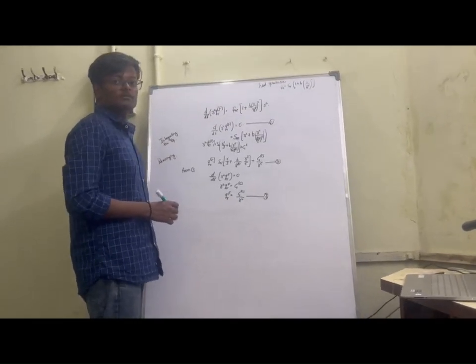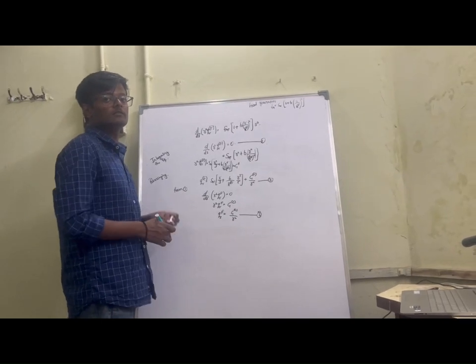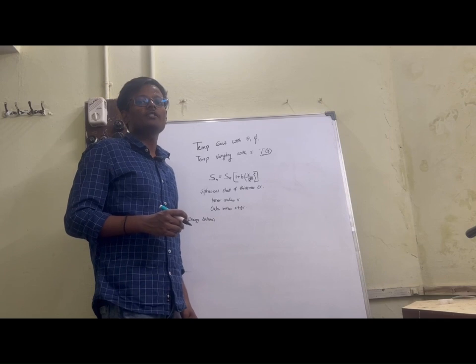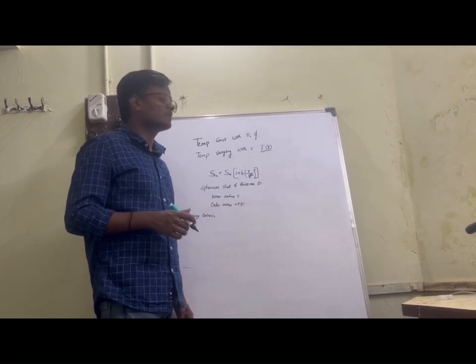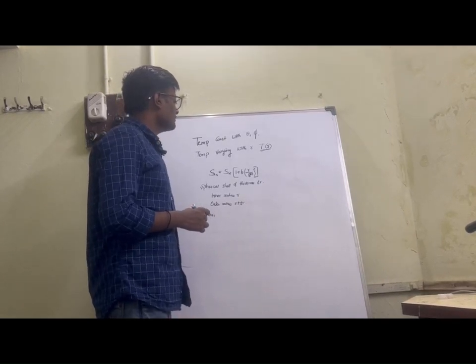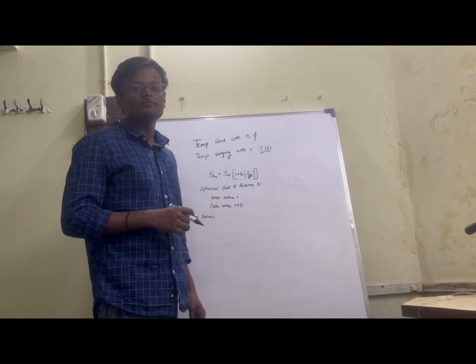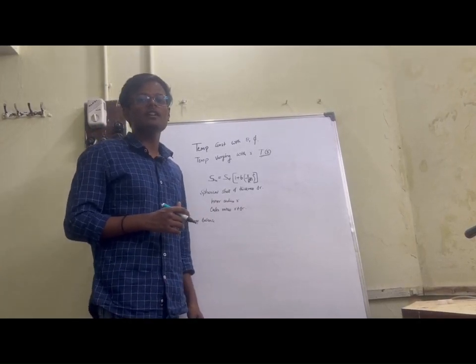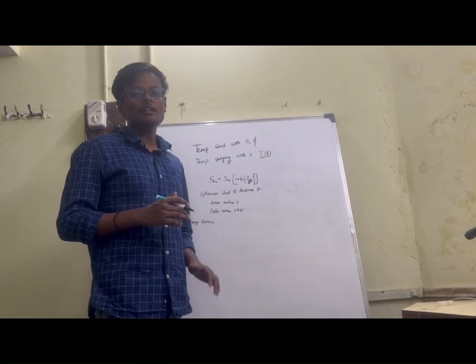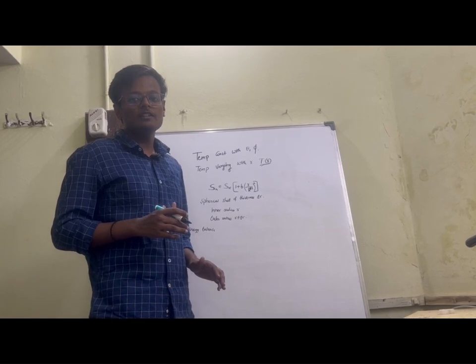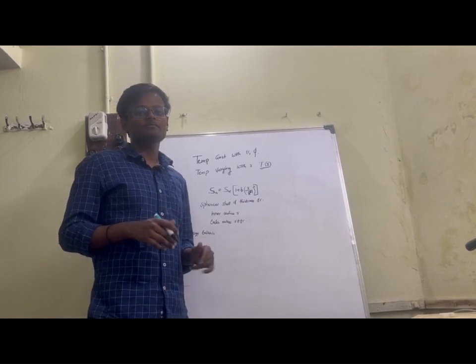Actually, you have got a formula to describe this: Sn is equal to Sn naught times 1 plus R by Rf whole square. So Sn is just the heat generation at any given point, and Sn naught is the heat generated at the center.